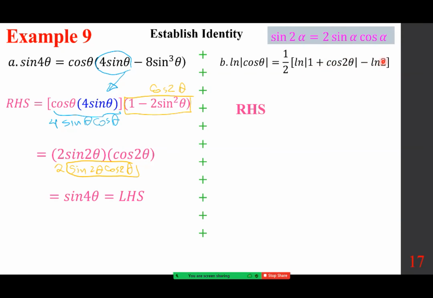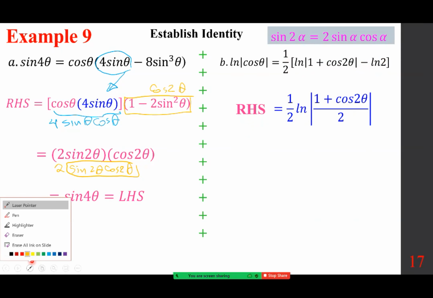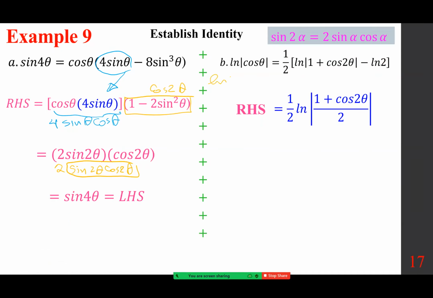So the right-hand side is 1/2 ln. I went over this concept last time, and you really need to remember that. Remember, for example, ln of x over y is ln x minus ln y, and we are going this way.